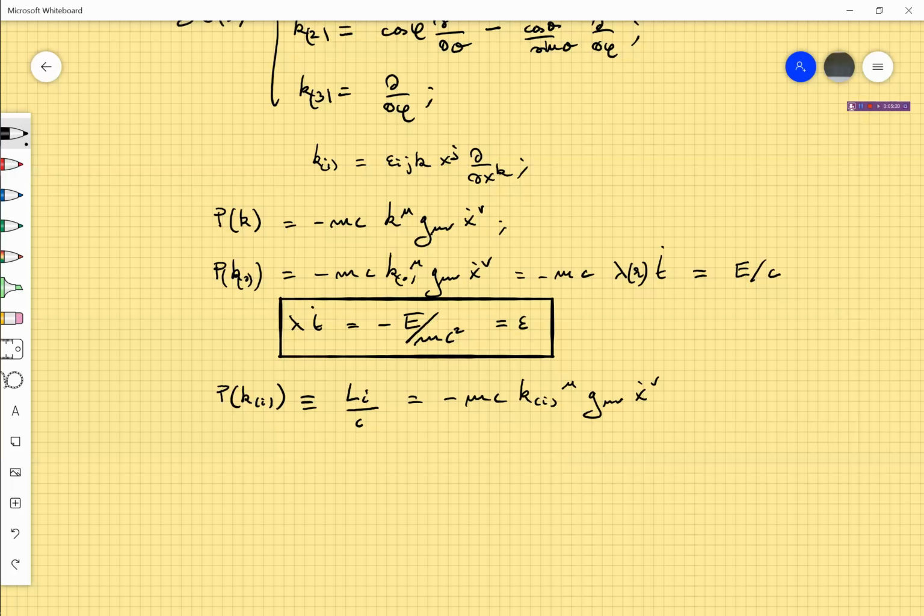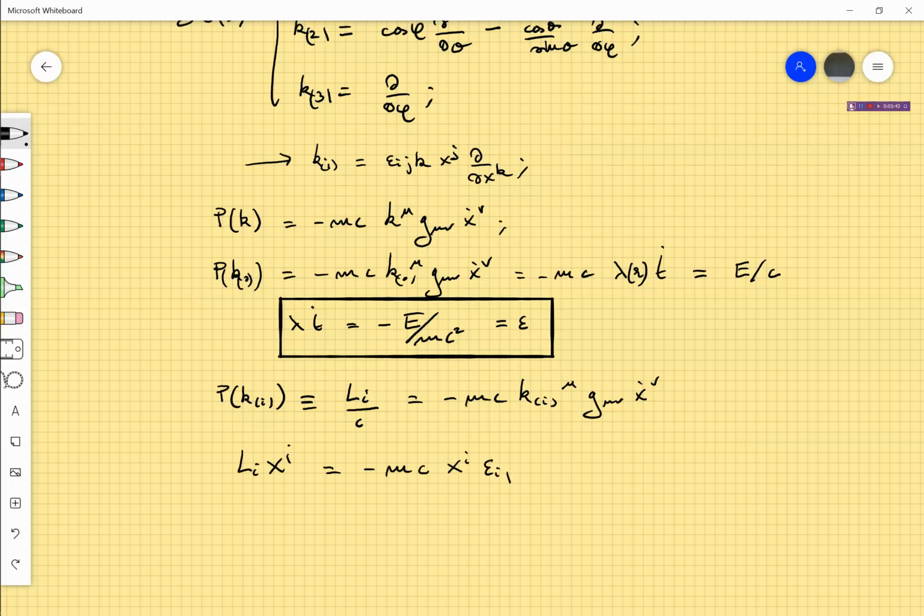Let's see first one property. If you compute Li xi, please don't do it in spherical coordinates, do it in Cartesian coordinates. This is minus mc xi, and now I use this representation.